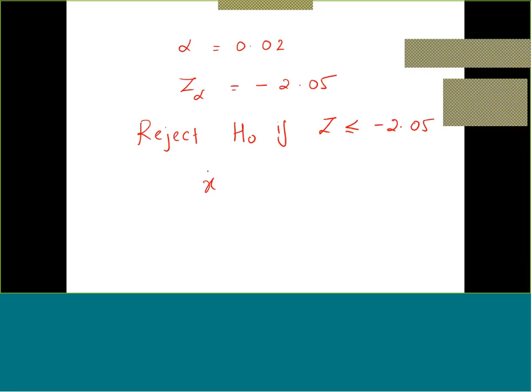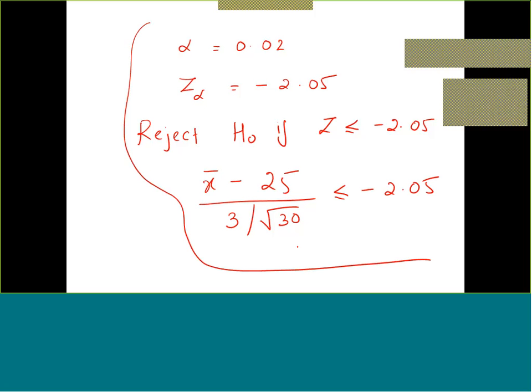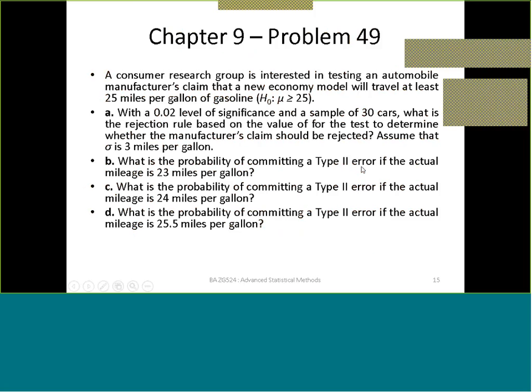It is x bar minus 25 by 3 root 30 is less than or equal to minus 2.05. So if you simplify, obviously you will have what is the next condition? You will write here that x bar is less than or equal to 23.88. So this is the rejection rule, and the acceptance rule is x bar greater than 23.88, right?